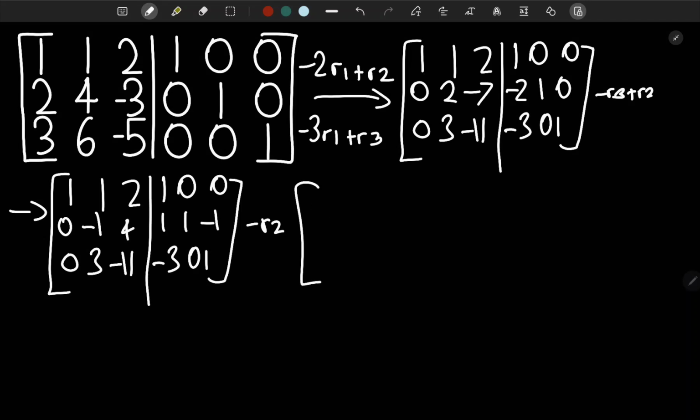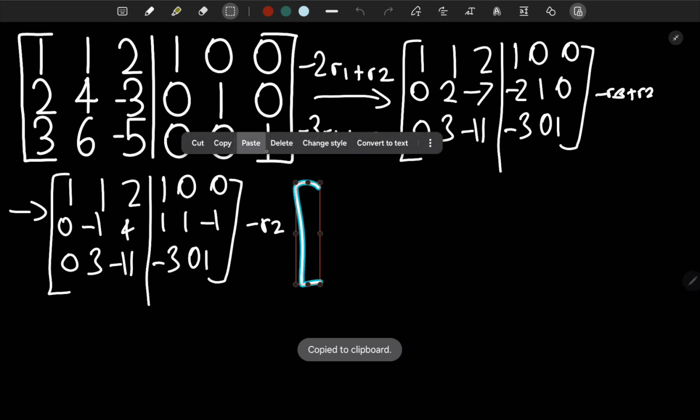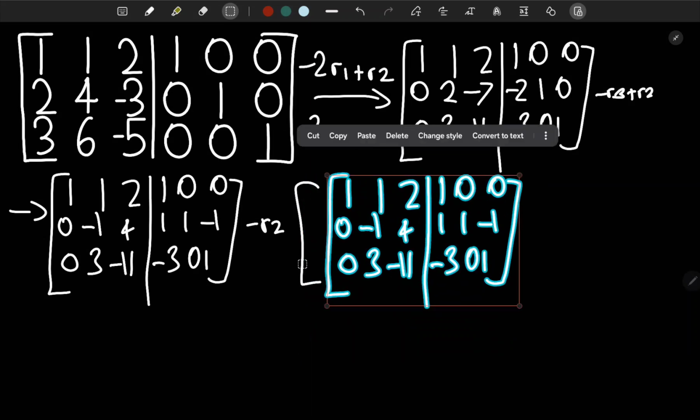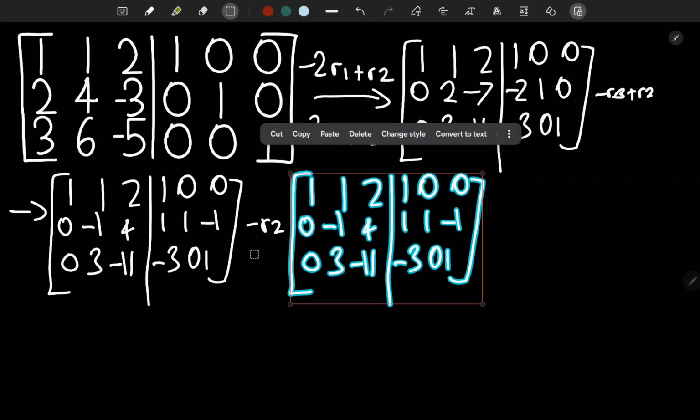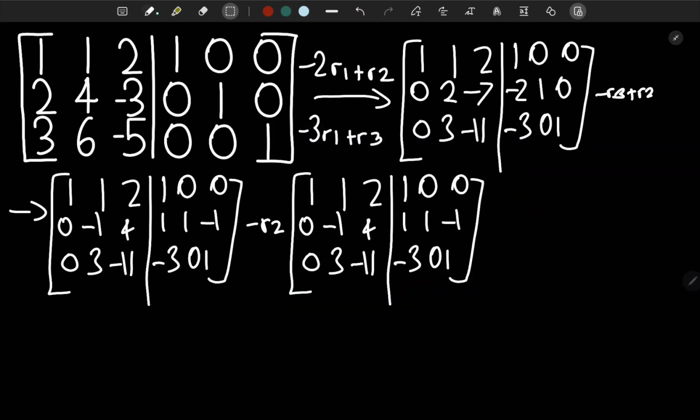So now we will have the same thing again, except that the signs will be flipped. So here we'll have 1, minus 4, minus 1, minus 1 and plus 1 here.